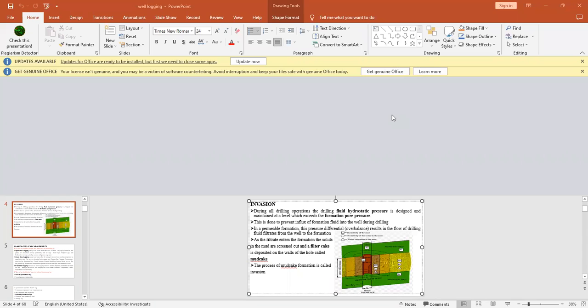But in doing that, they create another problem they have to handle later on. Because once the mud pressure is greater than the formation pressure, part of the drilling fluid penetrates into the reservoir. If you look at the diagram, I hope everyone can see it.